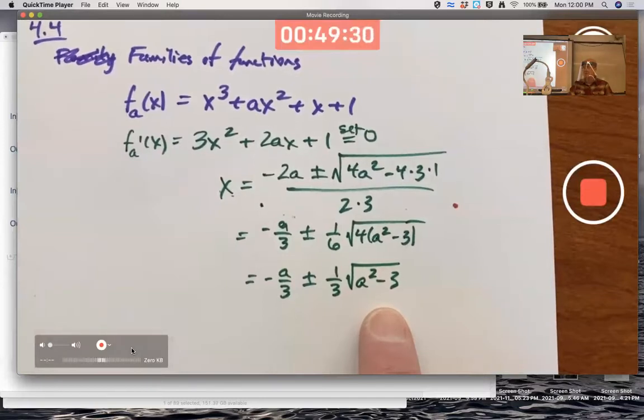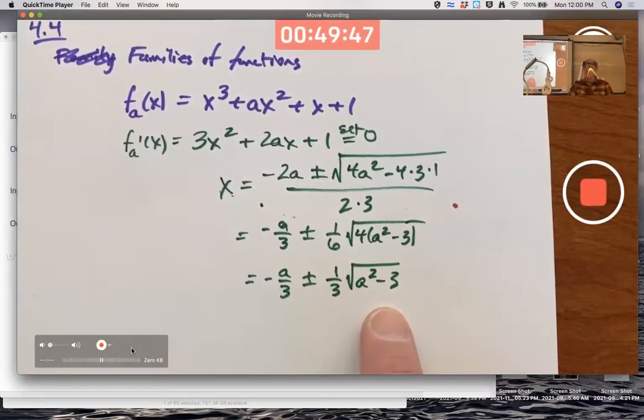We don't want to do imaginary numbers in this class. We sometimes do want to deal with imaginary numbers in calculus 2 and differential equations and linear algebra. But in this class, we don't want any imaginary numbers.